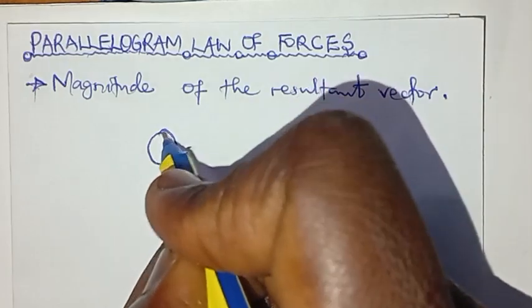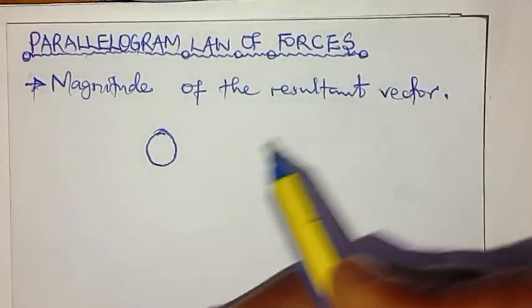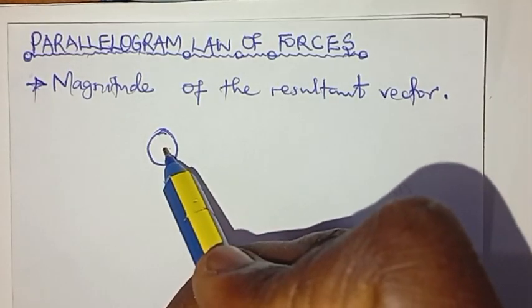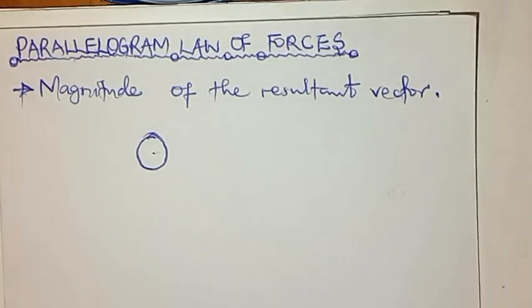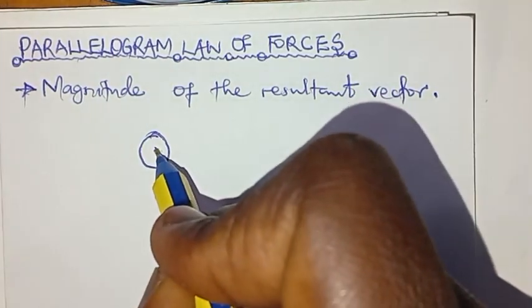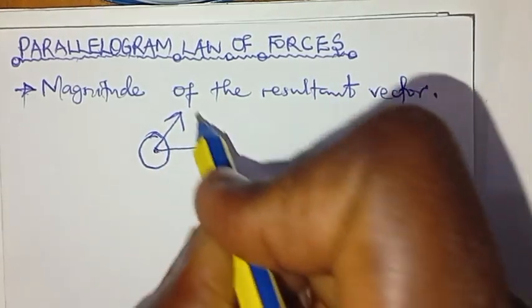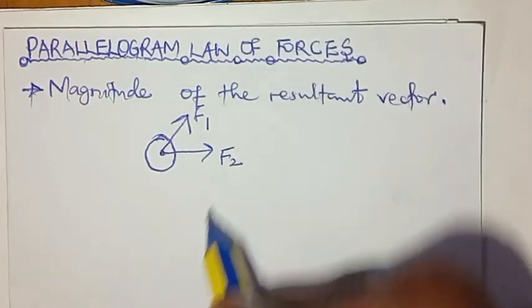This is a body, and for us to apply the parallelogram law of forces, this body must be acted upon by two adjacent forces, F1 and F2.